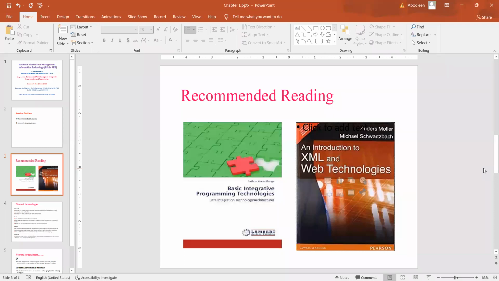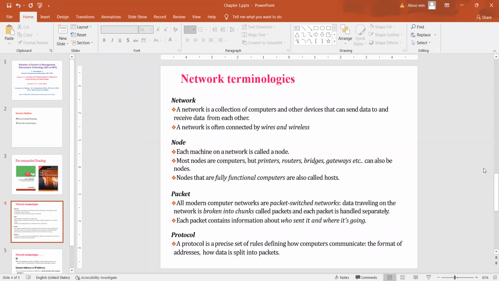I mean, this should be done in this proper way. Everything is clearly mentioned. For each and every network related action or activity, there is a separate protocol. The protocol is a precise set of rules defining how computers communicate, the format of addresses, and how data is split into packets. So for all these kinds of network related actions, a separate protocol is given.